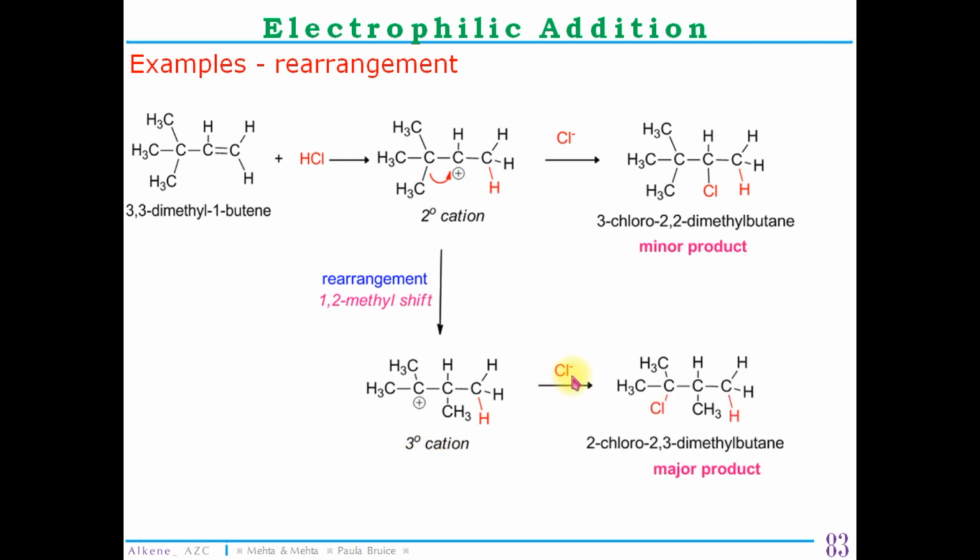Now when chlorine adds to tertiary carbocation, it gives 2-chloro-2,3-dimethylbutane as major product. Carbocation is rearranging from secondary to tertiary, so it is the example of carbocation rearrangement in electrophilic addition reaction.